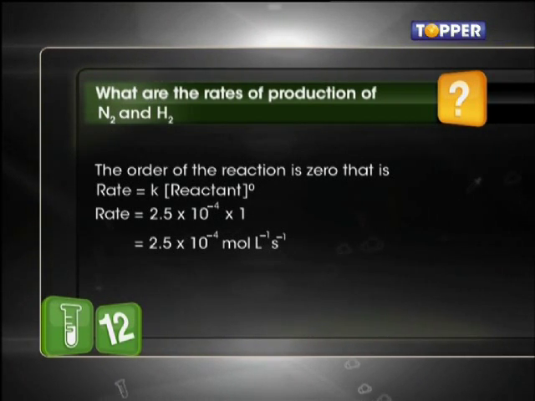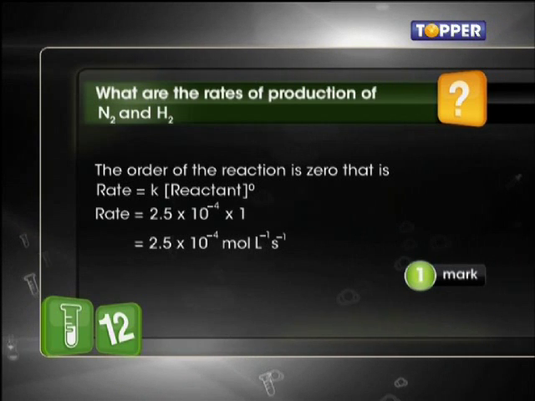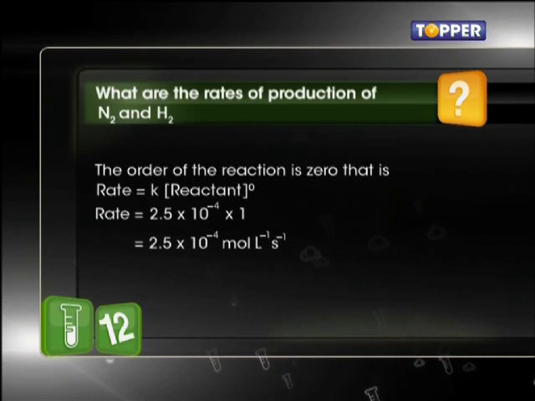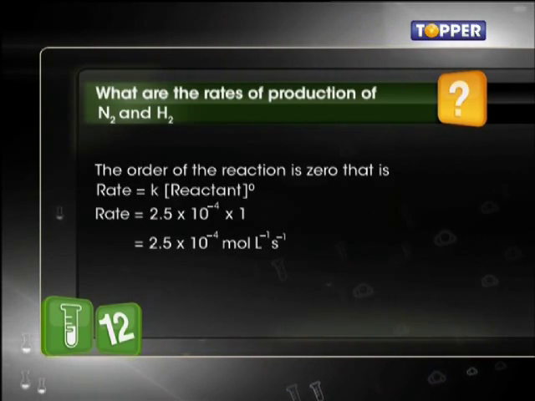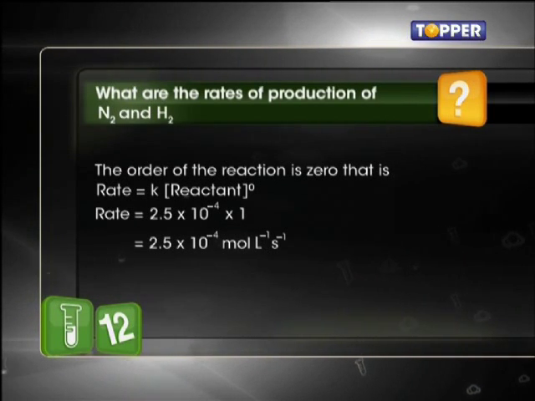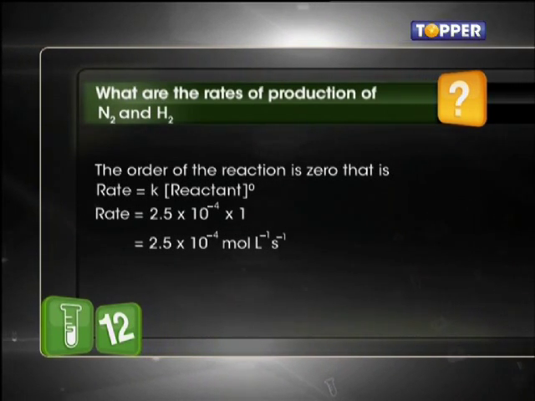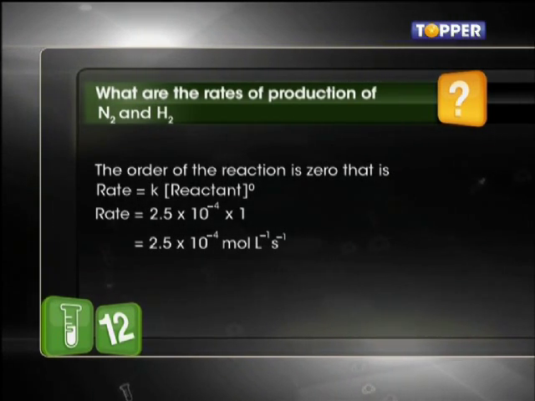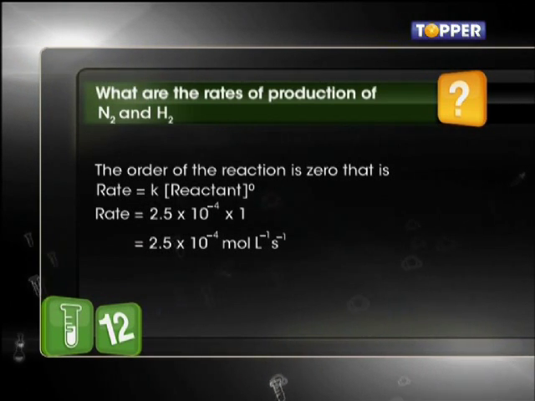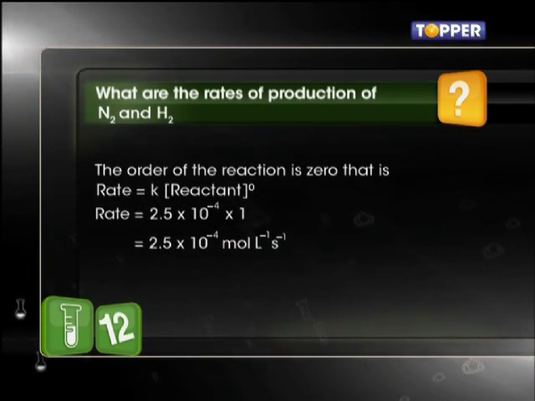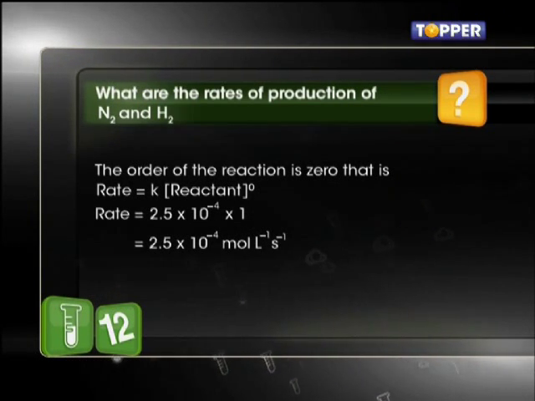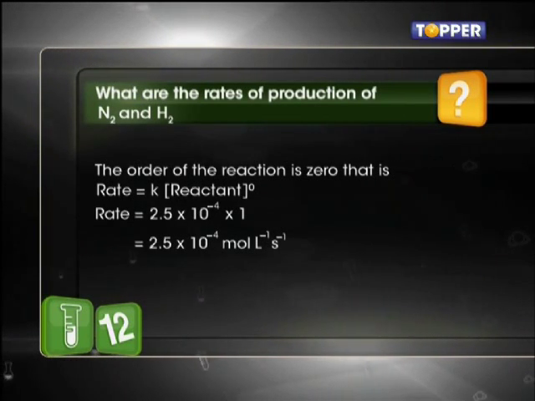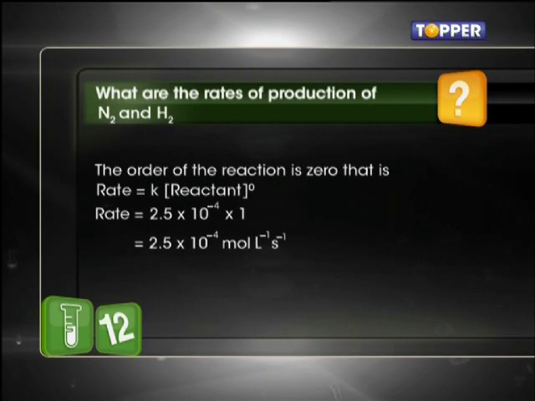We know that in zero-order reactions, the rate is equal to rate constant multiplied by the concentration of reactant raised to the power 0. So, rate is equal to 2.5 multiplied by 10 raised to the power minus 4 multiplied by 1. This comes out to be 2.5 multiplied by 10 raised to the power minus 4 moles per liter per second.